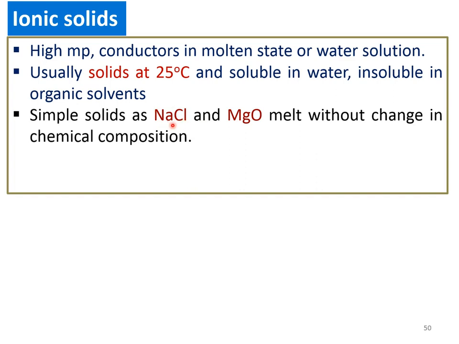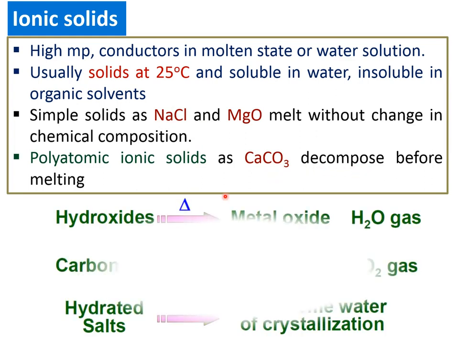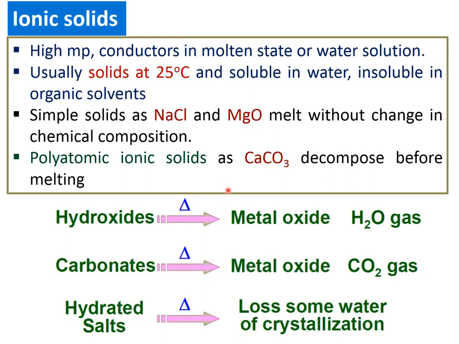But other types, like polyatomic ions such as calcium carbonate, if you heat calcium carbonate, it will decompose to calcium oxide and CO2. Other types may decompose, like hydroxides decompose to metal oxide and water vapor. Carbonates may decompose to metal oxide and carbon dioxide gas.